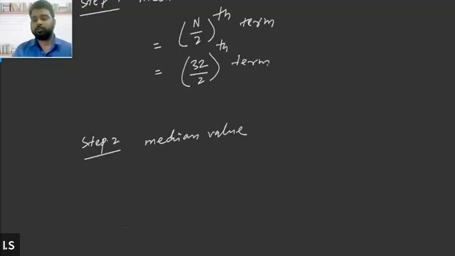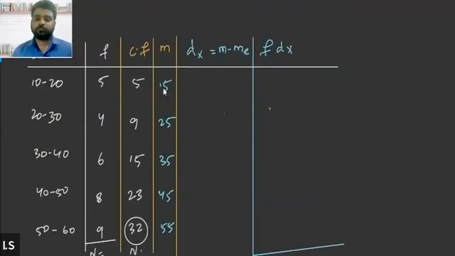So the median class will be the 16th term. Let's figure out the 16th term. In order to find the 16th term, we will go to the cumulative frequency column and try to find 16. So 16 will obviously fall after 5. It will also fall after 9. It will also fall after 15, right? After 15, it is 23. Will 16 fall after 23?